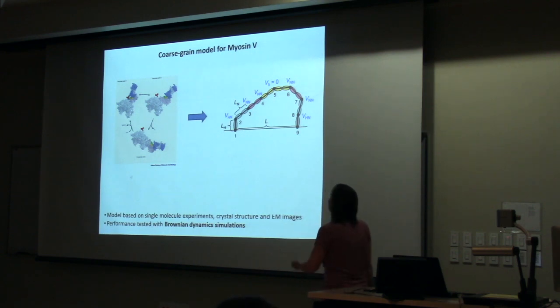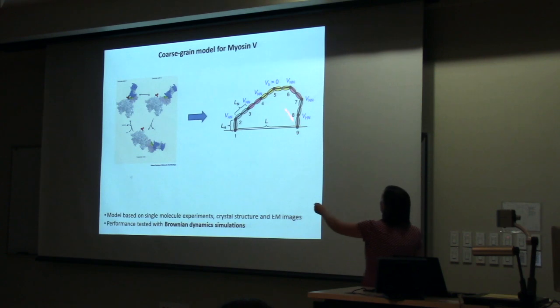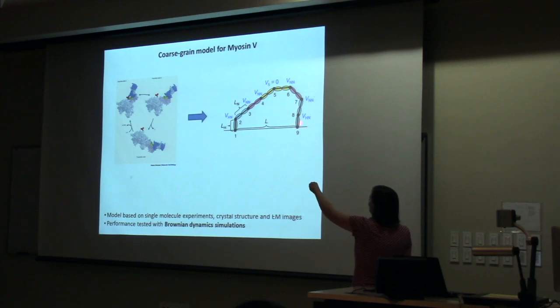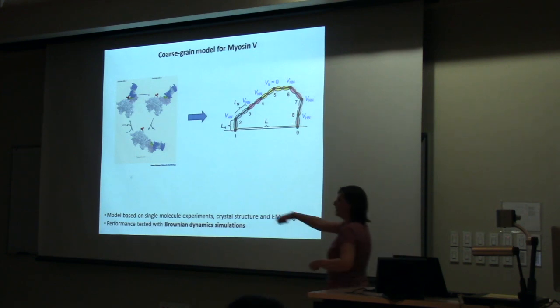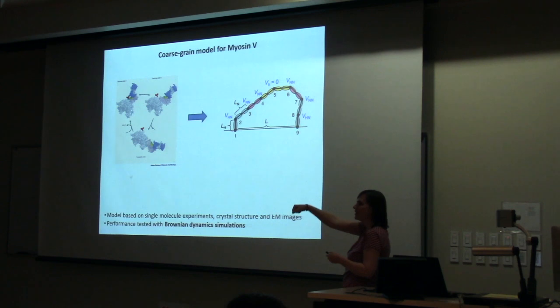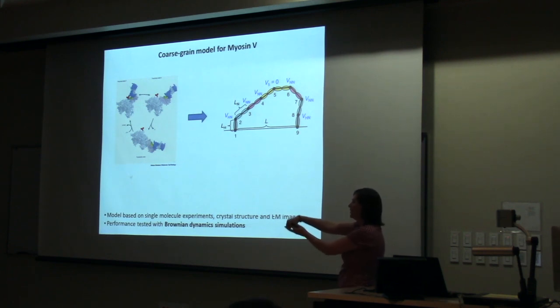And what that means is there is a way for these two heads to communicate with each other because there is strain in the molecule. And so if the one that's in front experiences a strain backward, and this slows down its chemical cycle and makes it less likely to detach from the molecule, this could provide a coordination mechanism by which the motor might stay in sync.